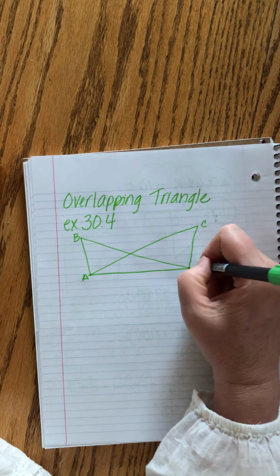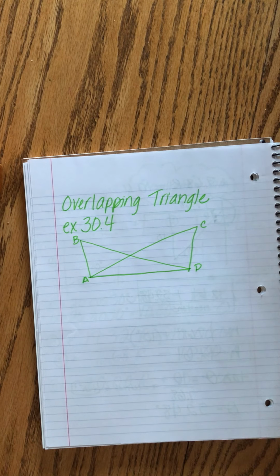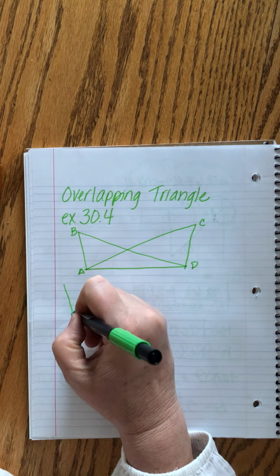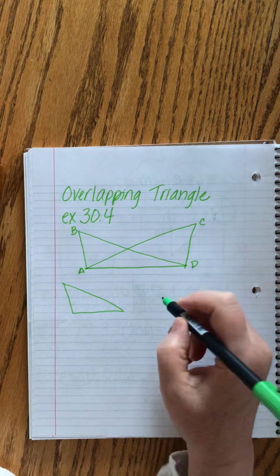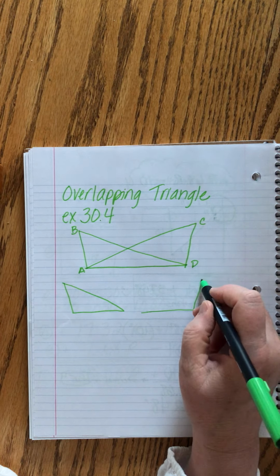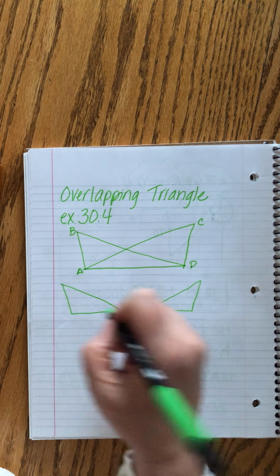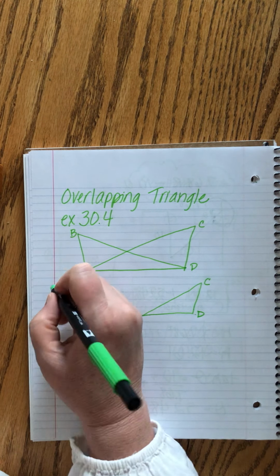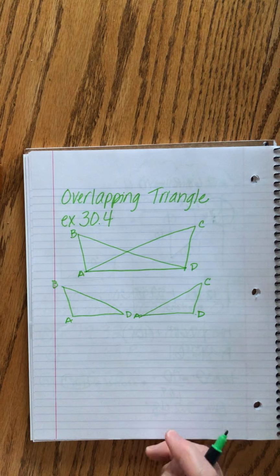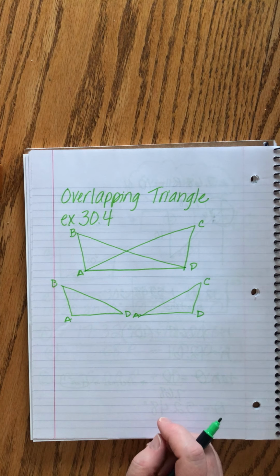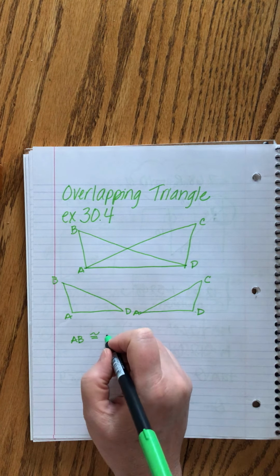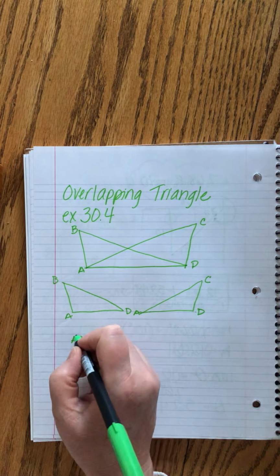A, B, C, D. So we can see that these two triangles can be pulled apart. So I'm going to write them separately. Pretend those are perfect, which they're not. This one is A, C, D, and this one is A, B, D. Okay? Now, the given information is that segment AB is congruent to DC.